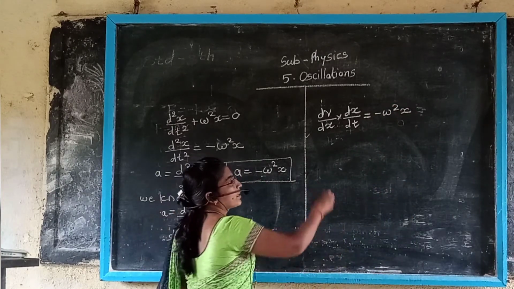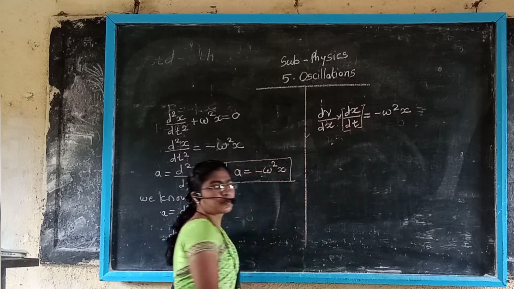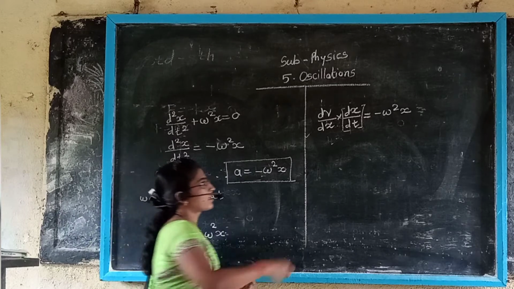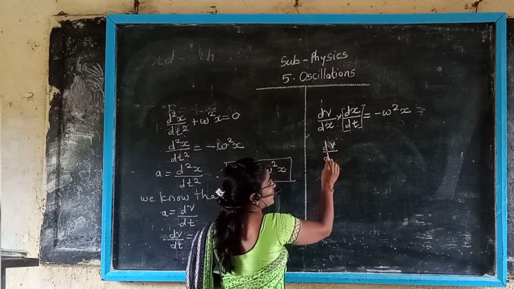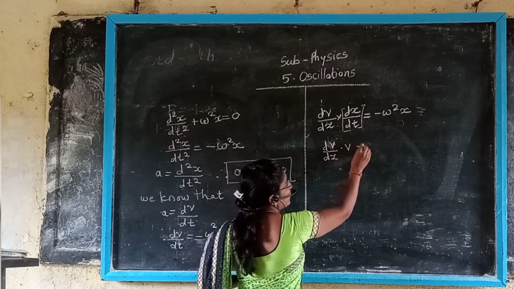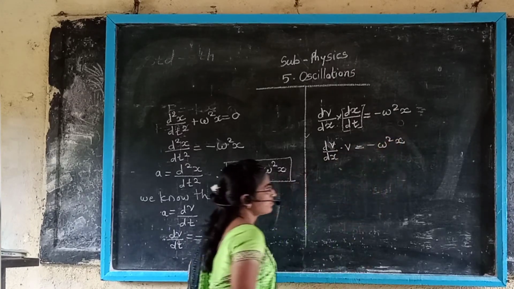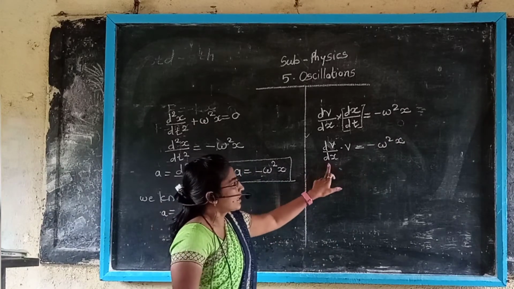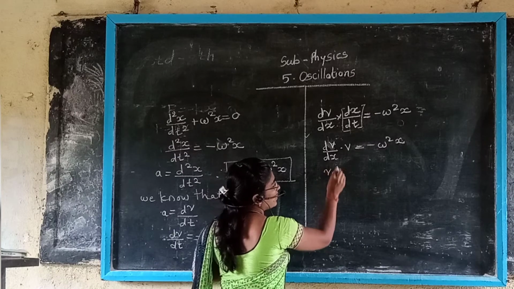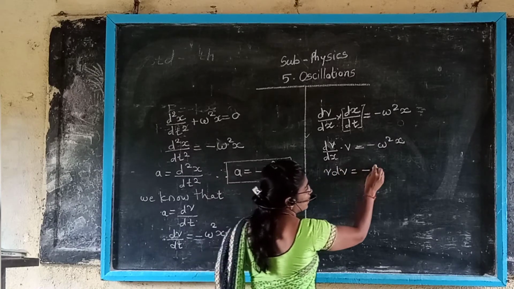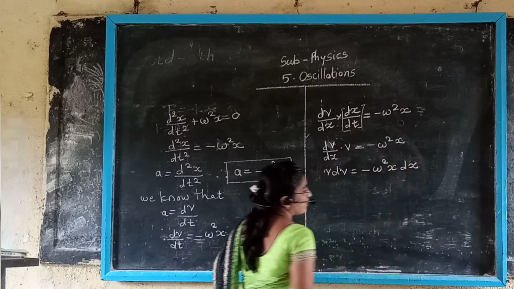Here we know that dx by dt is equal to velocity, therefore dv by dx into v is equal to minus omega square x. Taking this dx to the other side, we get v dv is equal to minus omega square x dx.